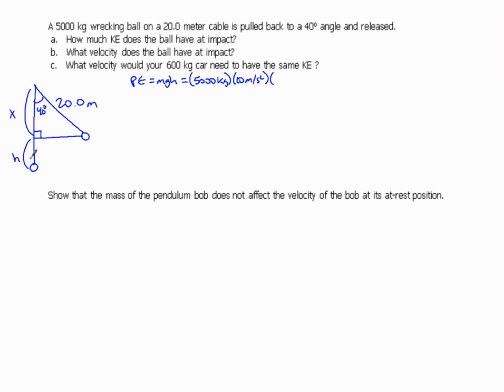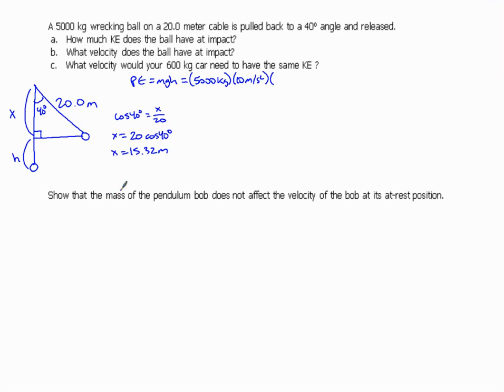We can find x because it's the adjacent side. So the cosine of 40 degrees is x over 20. X equals 20 times the cosine of 40 degrees, and that's 15.32 meters.